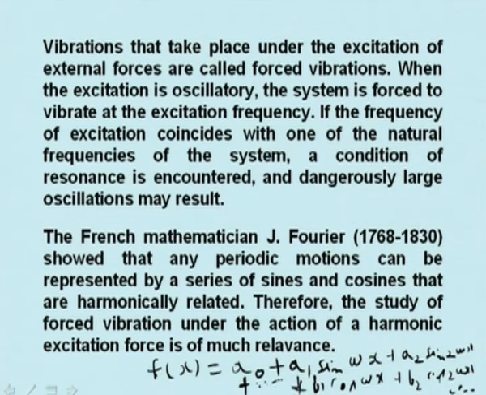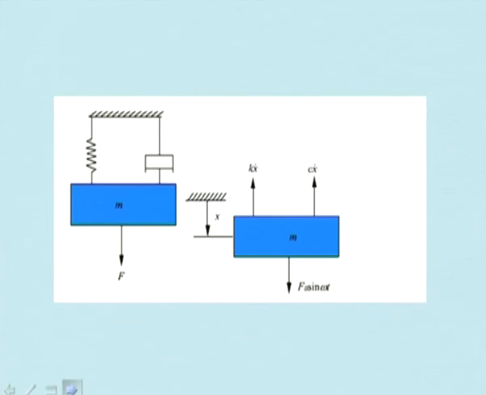If we take k and m and even the damping coefficient c as constants, then this is a linear system. That means we can simply find the displacement by superposition under the two circumstances.